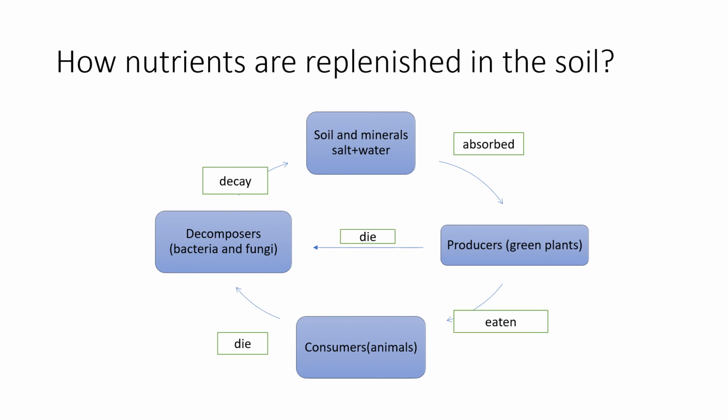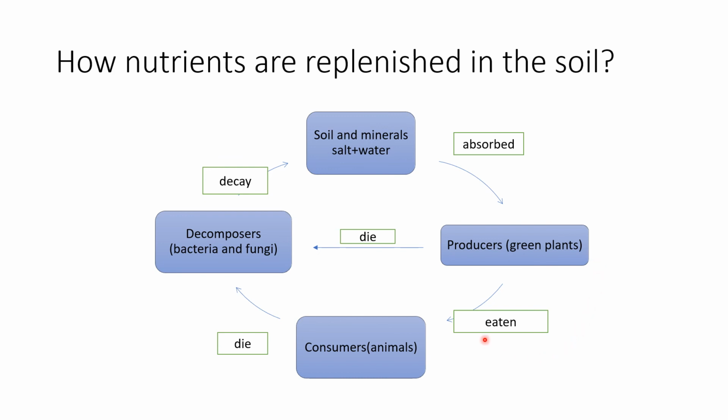Now we have come to the last topic in this chapter. How nutrients are replenished in the soil, that we will learn here. We know soil contains water and minerals. That water and minerals are absorbed by the green plants through their roots. The green plants produce food by the process of photosynthesis.